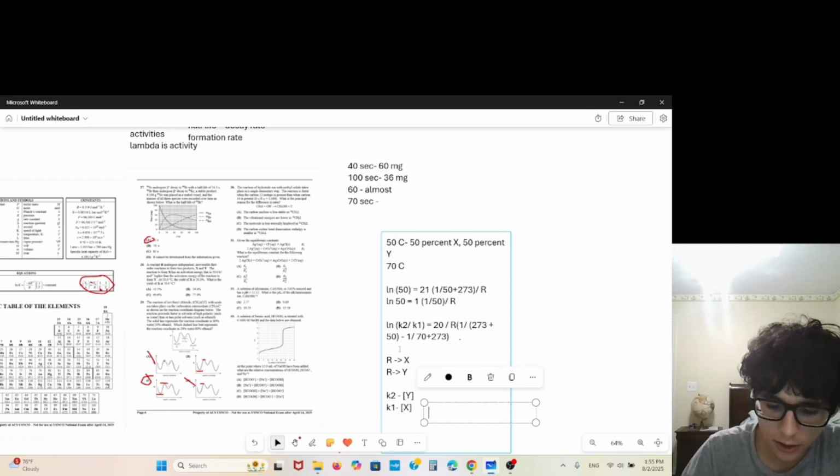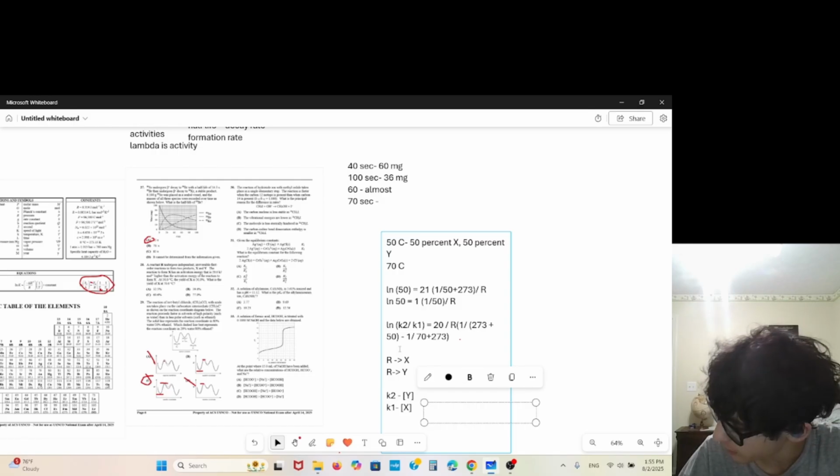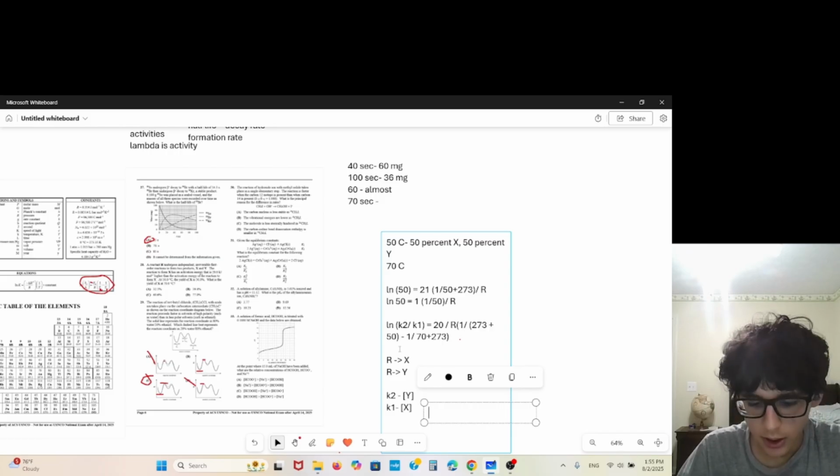This is 20 kilojoules, so you're going to write 20,000 times 1 over 273 plus 50, and you have 1 over 273 plus 70. Now you choose.